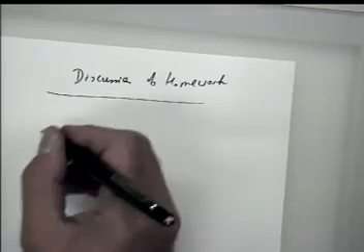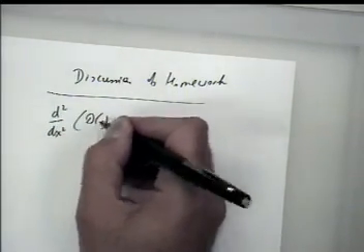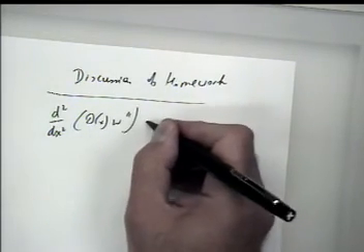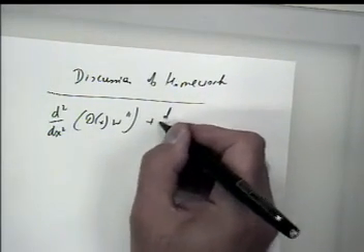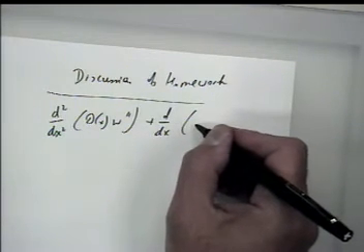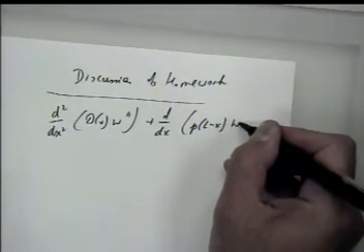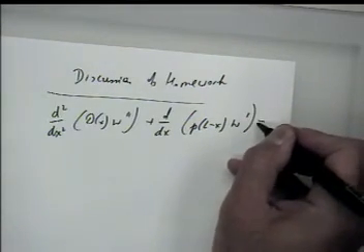So I will just write it down: d2/dx squared of D(x) w second derivative plus d/dx of, say, P(L minus x) w first derivative. This equals 0.